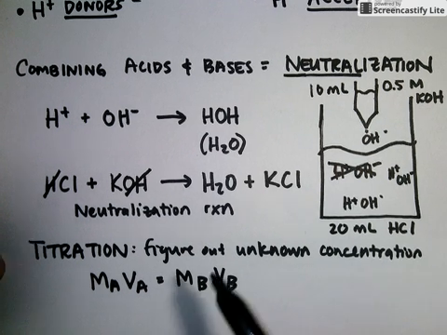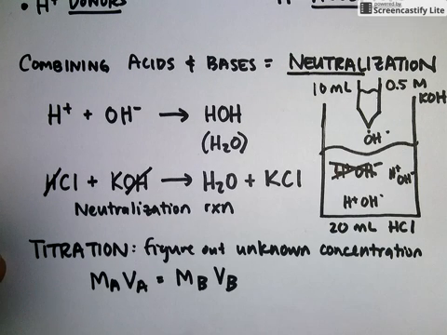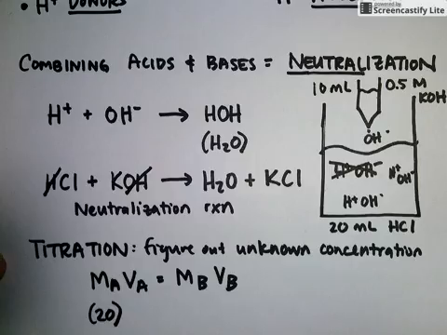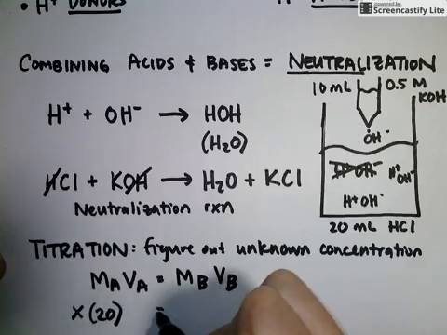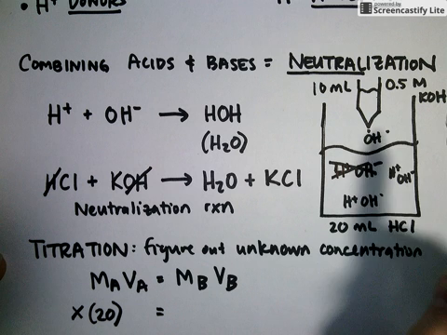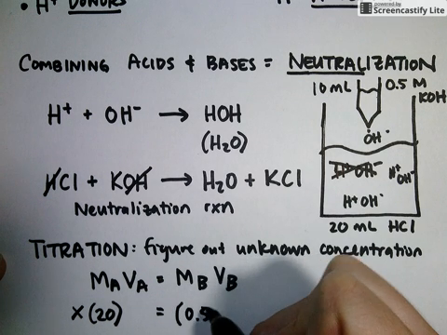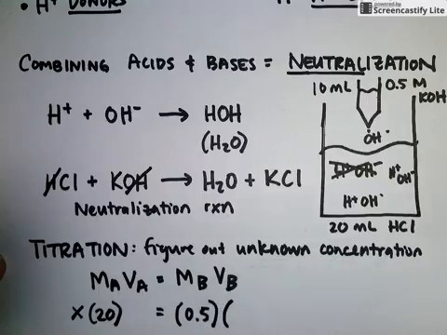So in this case, I know that I had 20 milliliters of acid. You don't have to convert to liters for titration problems. I didn't know the concentration, so I'm going to leave that as my X. That's going to equal the concentration of my base, which was 0.5 molar, and I had to add 10 milliliters of that base in order to completely cancel out all of the H+ ions in solution.